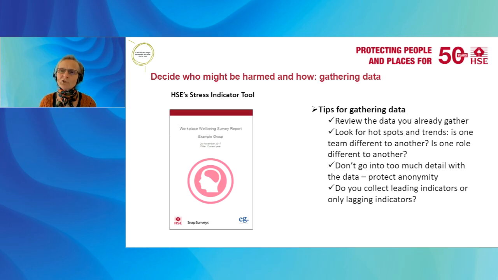Again, the stress indicator tool will give you an indication of how people feel those 6 areas are being managed, and help you to target as well. Use your data, whatever data you're using, to target your resources. Don't feel that you have to do something about everything that is raised, and I'll talk about action planning shortly.